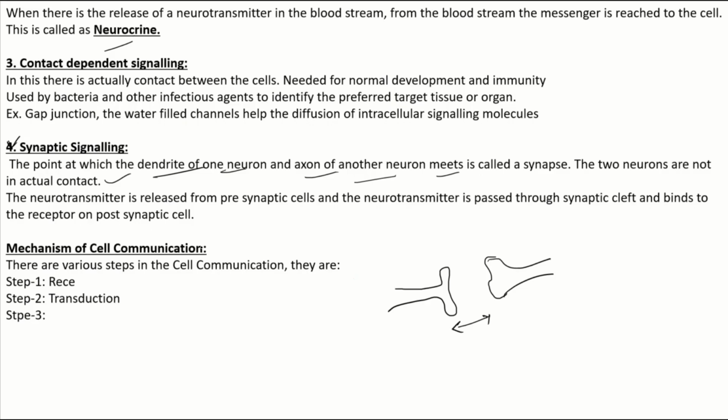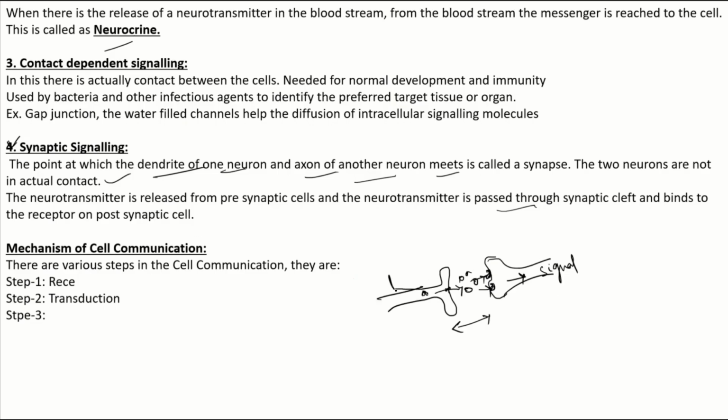The neurotransmitter, whatever it has stored, is released into the synapse, and the receptor present on the neuron binds to the hormone and passes the signal. The signal is passed through the synaptic cleft and binds to the receptor on the postsynaptic cell.